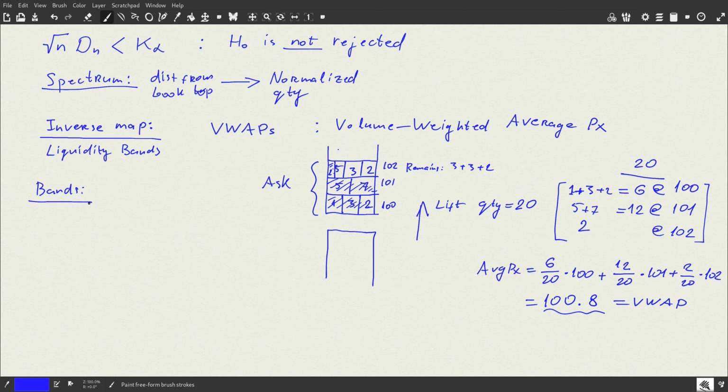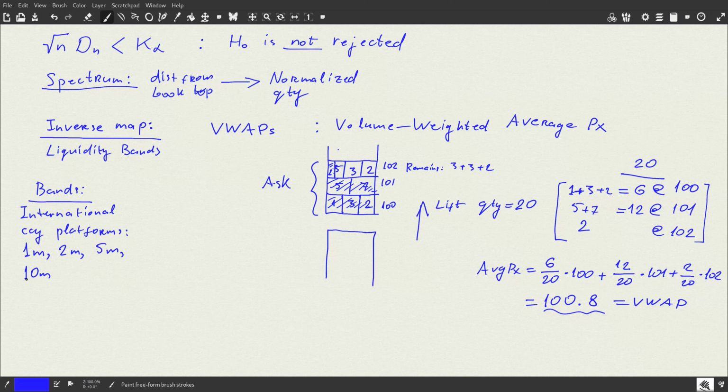For example, on sufficiently liquid international, not Russian, FX platforms, international ECNs, international currency platforms, the standard bands are 1 million, maybe 2 million, 5 million, maybe 3 million sometimes as well. 5, maybe 10 million, maybe above 10, but something like this: 1, 2, 5, 10, okay? Something like that.